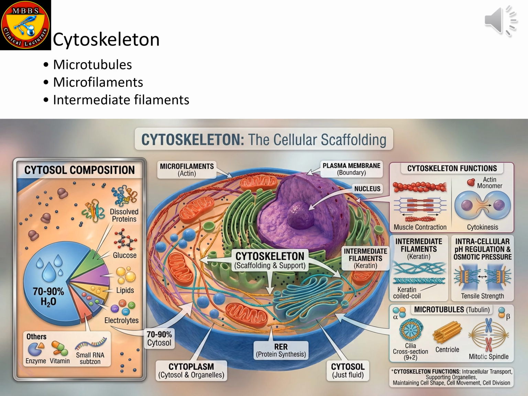Microtubules, made of tubulin protein. They form cilia, flagella, centrioles, and mitotic spindle fibers. Functions include maintaining cell shape, supporting organelles, intracellular transport, cell movement, and cell division.